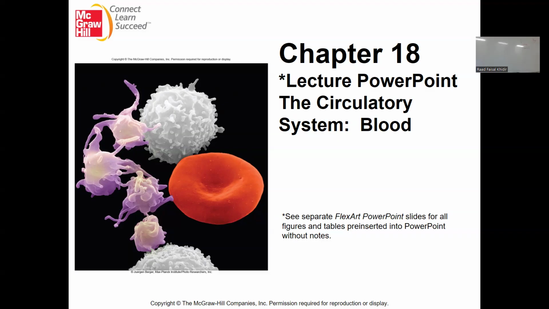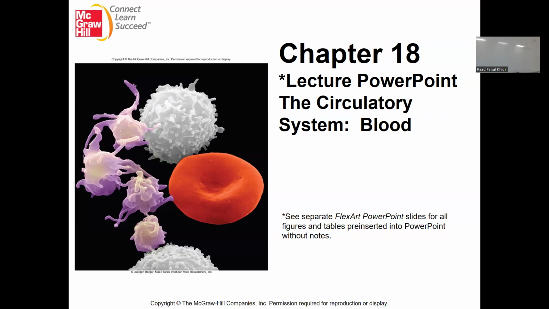They are known as erythrocytes. So if you're told erythrocytes, you know it's the same thing as red blood cells. How much of your blood is erythrocytes and red blood cells?